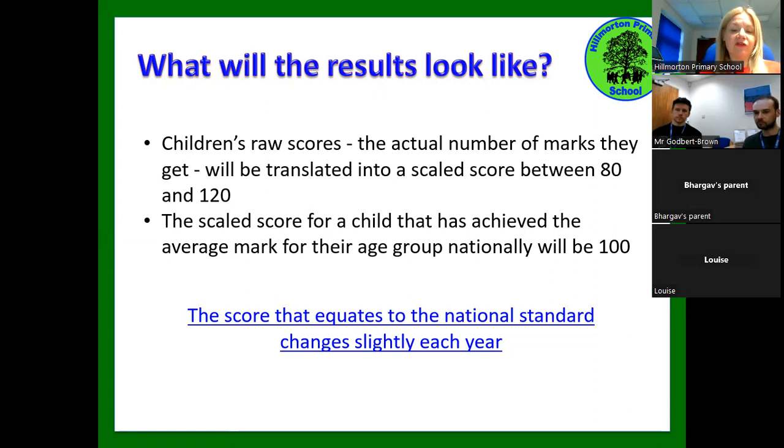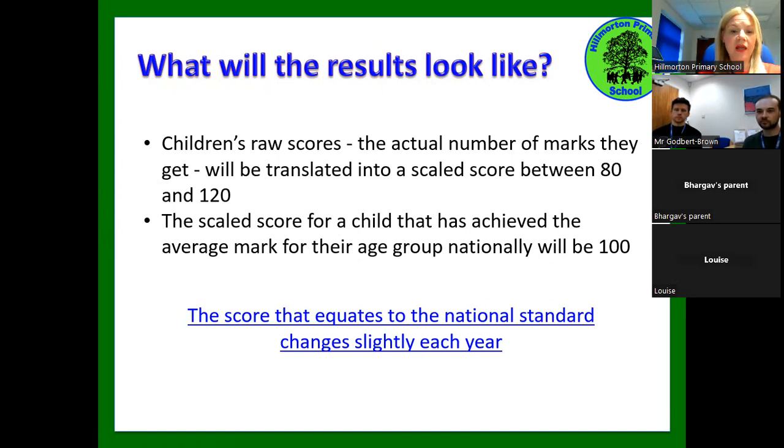The scaled score for a child that has achieved the average mark for their age group nationally, if they've achieved the national standard, is 100. So we're really aiming for as many children as possible to be 100 or above. Now, we can't tell you what score that will be because that changes every single year. They look at all of the results that all the children get nationally and they decide what the score will be.